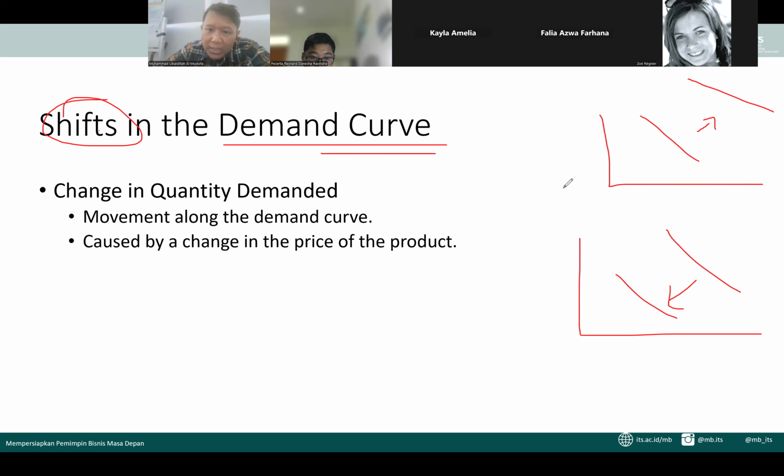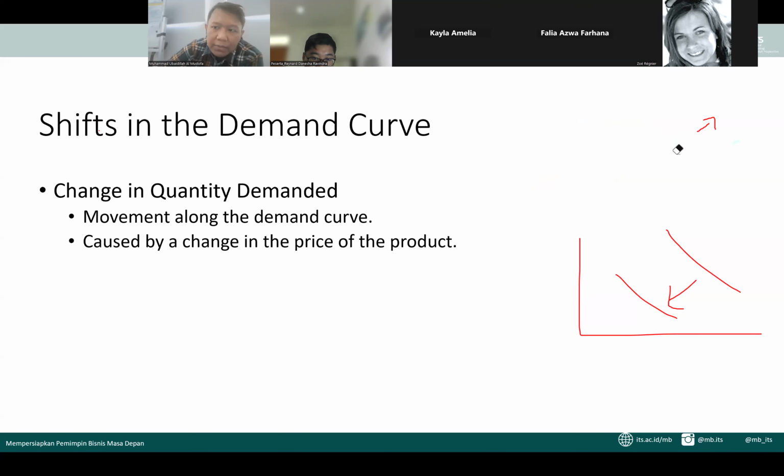This demand curve can shift to the right or to the left. It can increase or it can decrease, and it depends on the aspects that we have in the market. But you need to understand the movement. We have two kinds of movement for the curve.